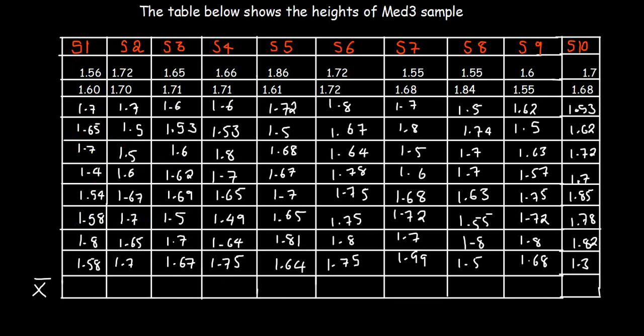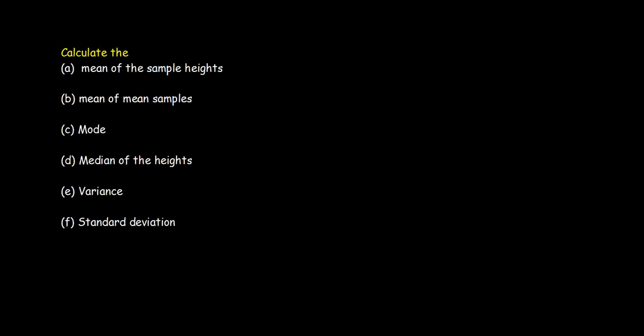So because it's a sample, you need to know that we use English letters for the mean. If it was a population, it becomes different. For the mean, we use mu. Okay, so that's for the mean.